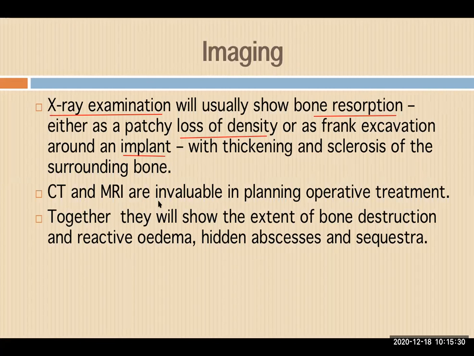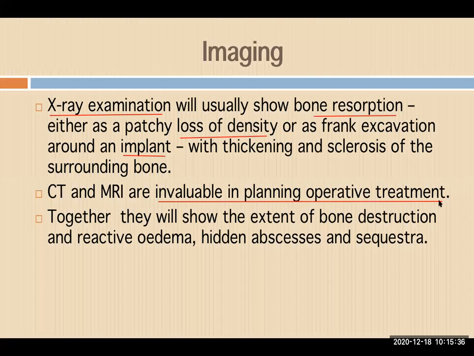CT and MRI are invaluable in planning operative treatment, so they are usually done before the treatment. Together, they will show the extent of bone destruction and reactive edema, hidden abscess, as well as sequestra, and they will help us to confirm the diagnosis and to plan our treatment also.